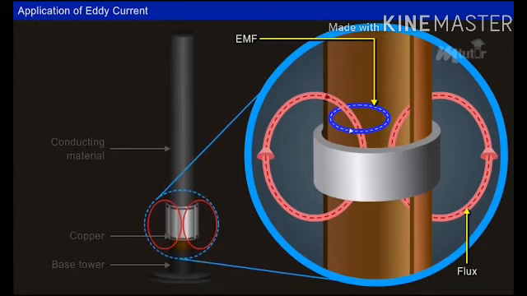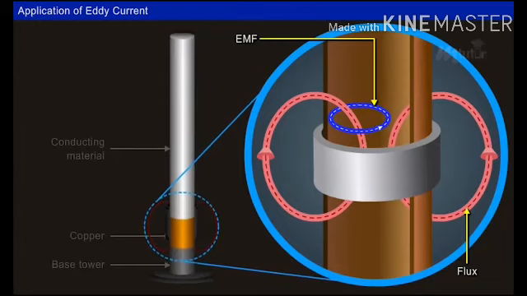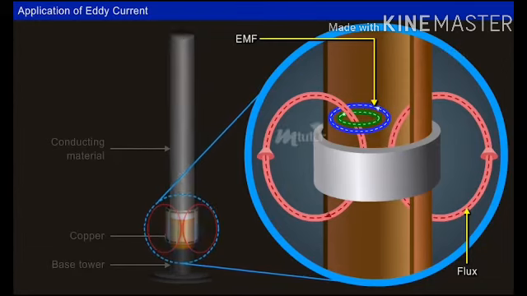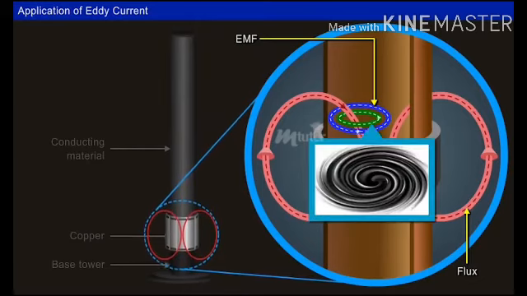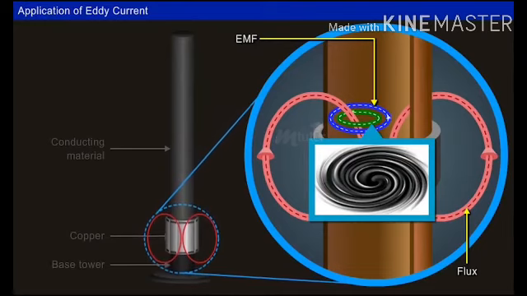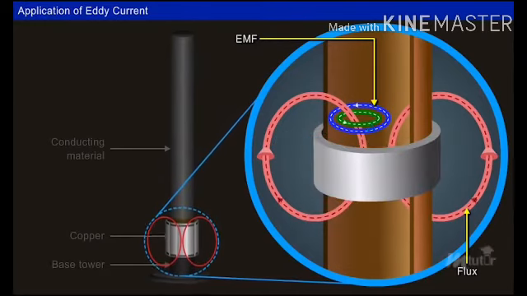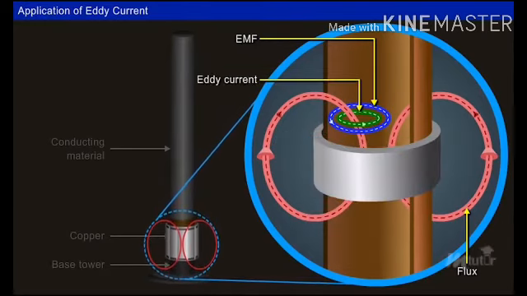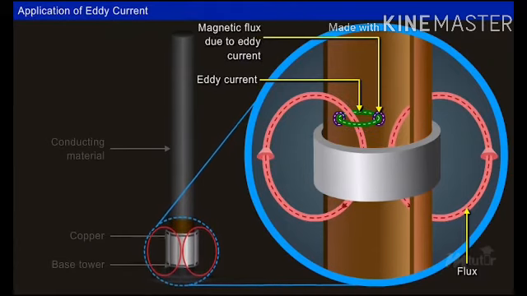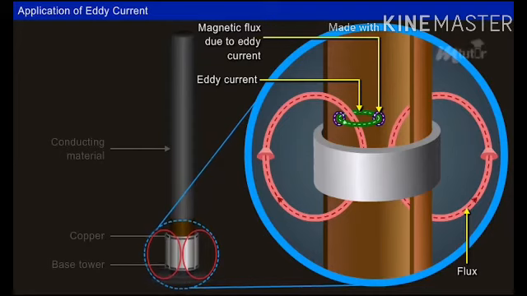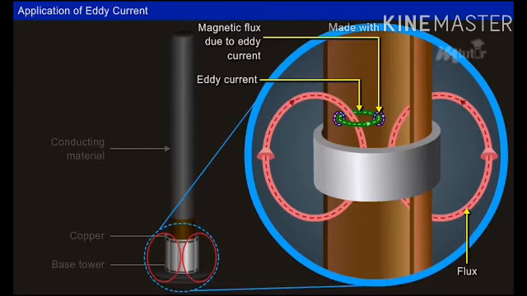As the tower forms a closed structure, the induced currents due to this EMF flow in circular paths resembling the swirling eddies formed in rivers. Hence these currents are called eddy currents. The magnetic field due to eddy current decelerates the gondola and stops it at the end of the copper part of the tower.